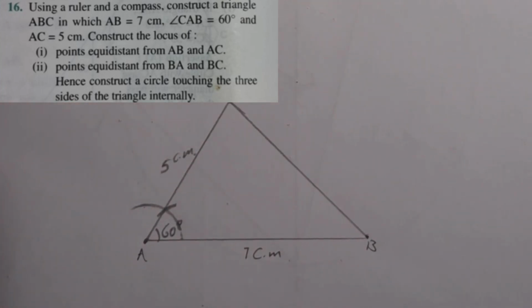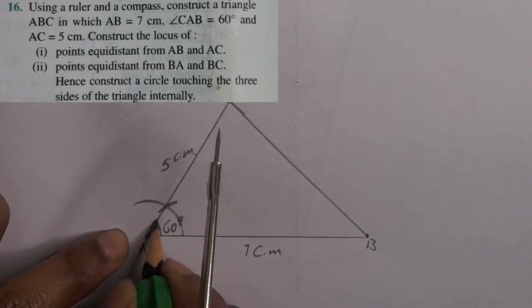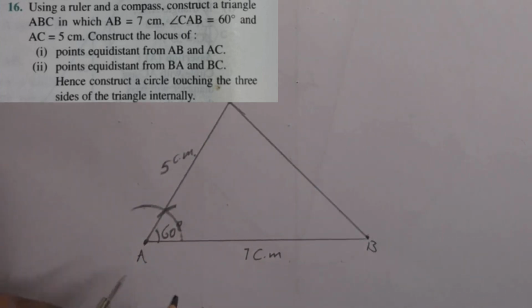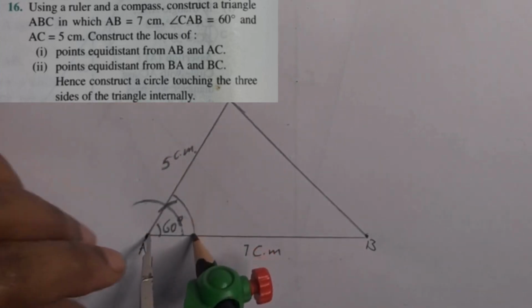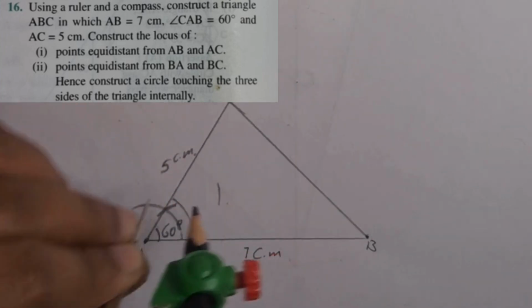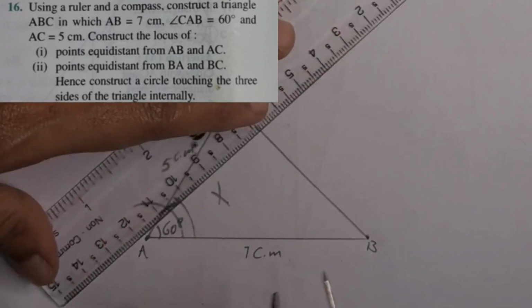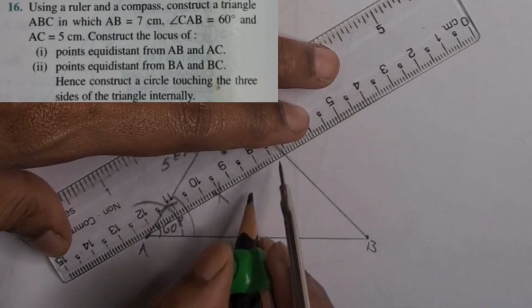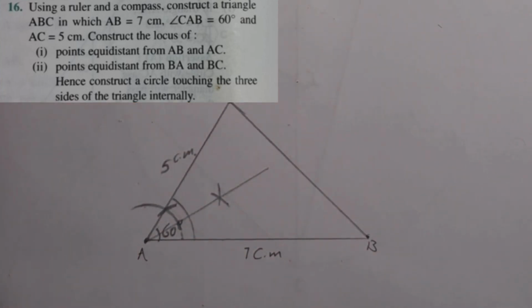Now first sub question, points equidistant from AB and AC. What is common here? The angle A bisector. Points on it are equidistant. We have to draw it here. Next, second sub question, points equidistant from BA and BC.